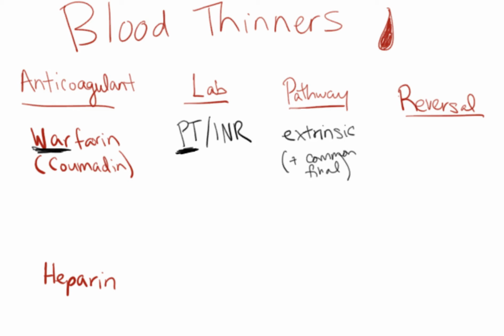My trick for remembering this is when you're doing PT to prepare for war, you go outside, extrinsic, you go outside to do your PT training, physical training to prepare for Warfarin.